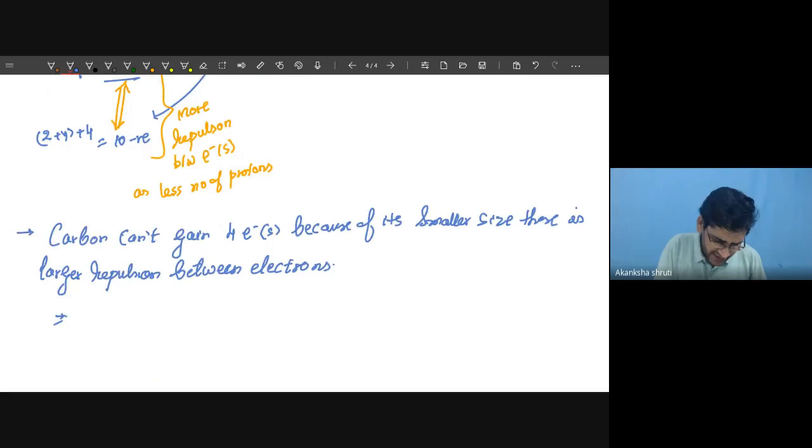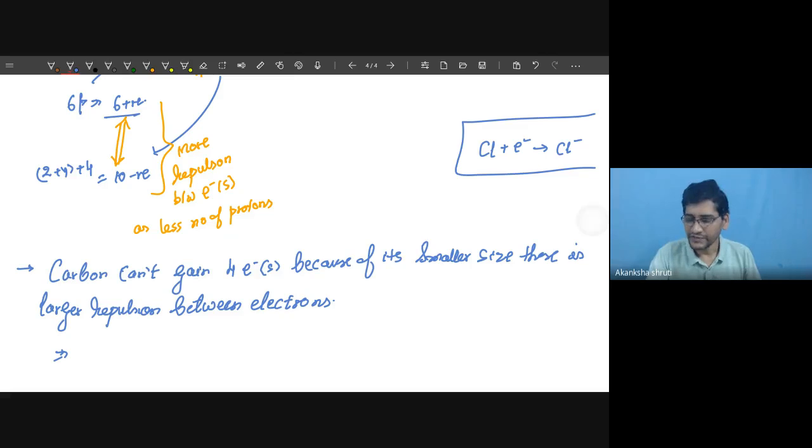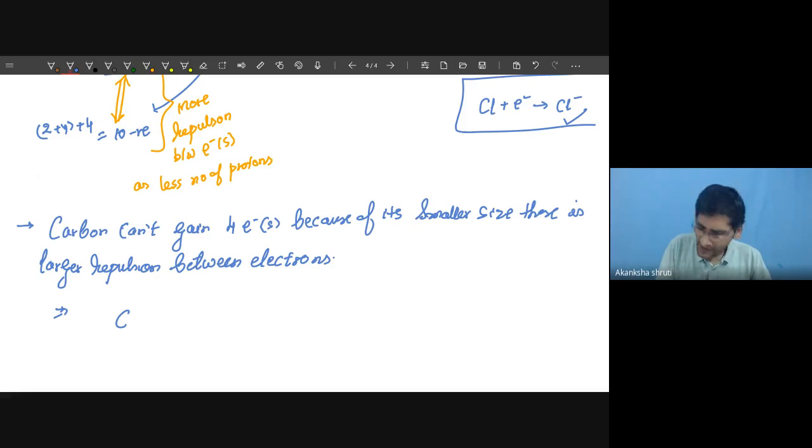So this implies what we were observing. If we have the chlorine atom and it is gaining one electron, it is able to form Cl minus. It was possible because chlorine is a bigger atom and only one electron is to be accommodated. But for carbon to become an octet configuration, it needs to gain 4 electrons to form C4 minus.